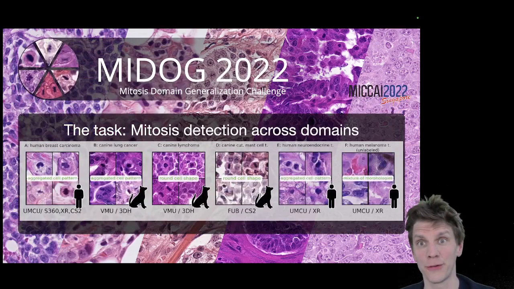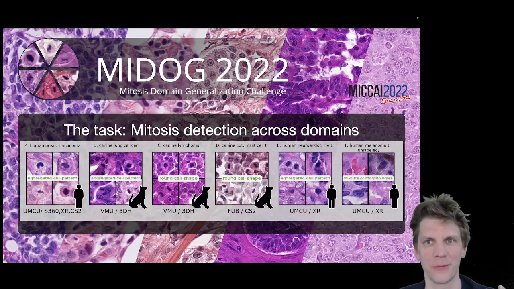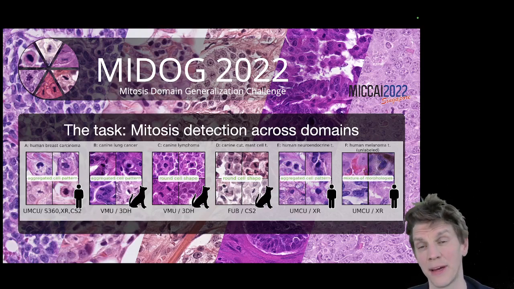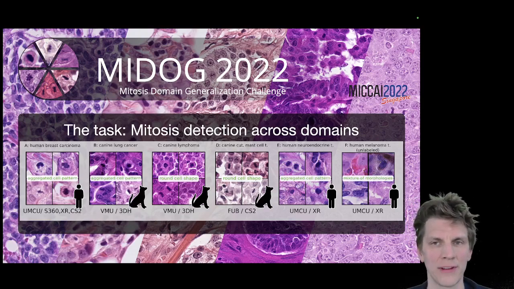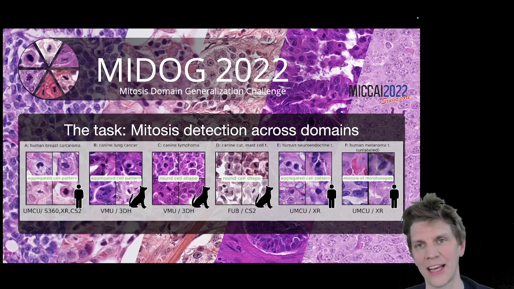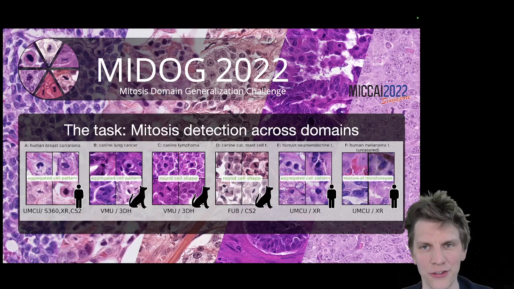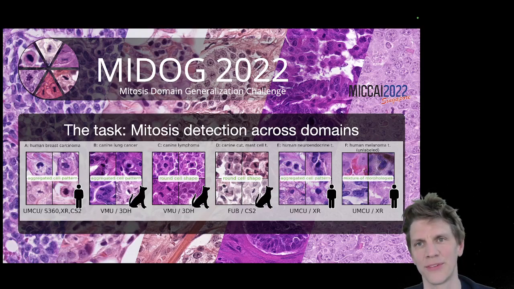First of all, for those of you who are not aware of what this was about, MIDOG was a challenge held at the MICCAI conference, and it was about the detection of mitosis across several domains. And by domain, we mean influencing factors such as the tumor type, the tissue type, the scanner that was used, the lab and so on.